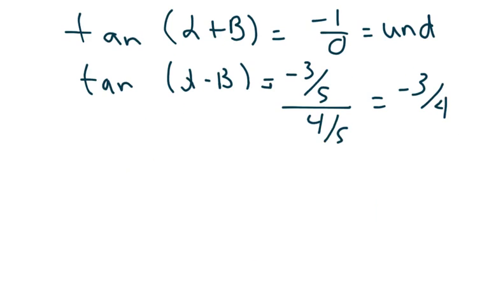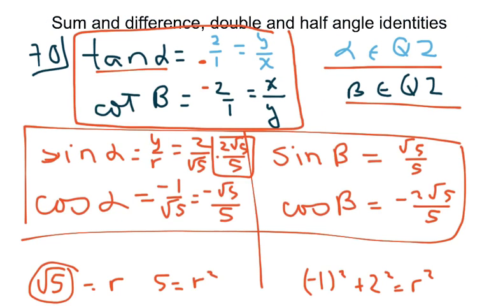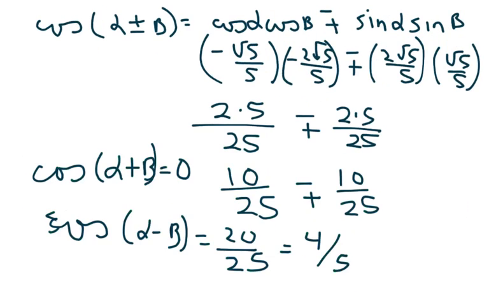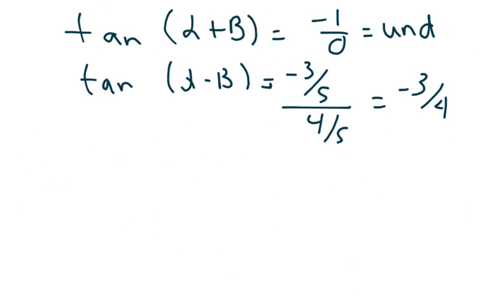What quadrant are we in? I'm going to go back and look because I skipped and did something. We're both in quadrant 2, so when we do the half angles, we're going to be in quadrant 1, which makes it nice. Means they're both positive. So we're first going to do sine of alpha over 2.